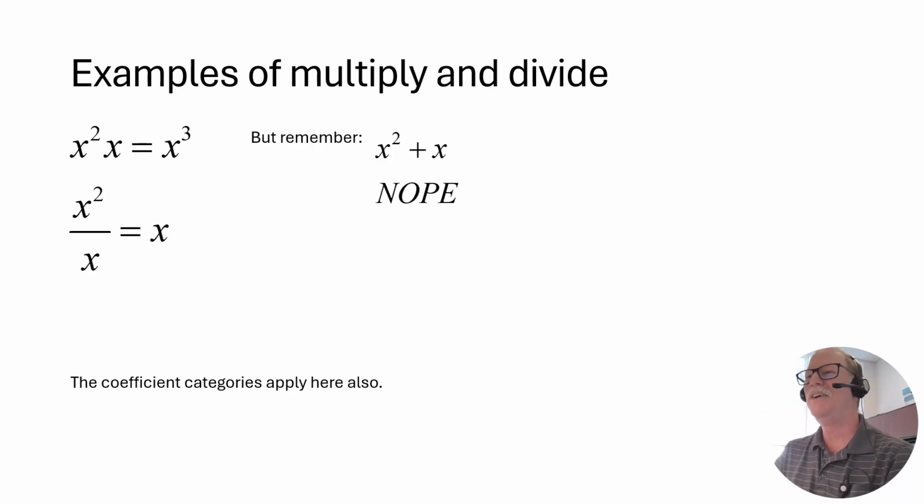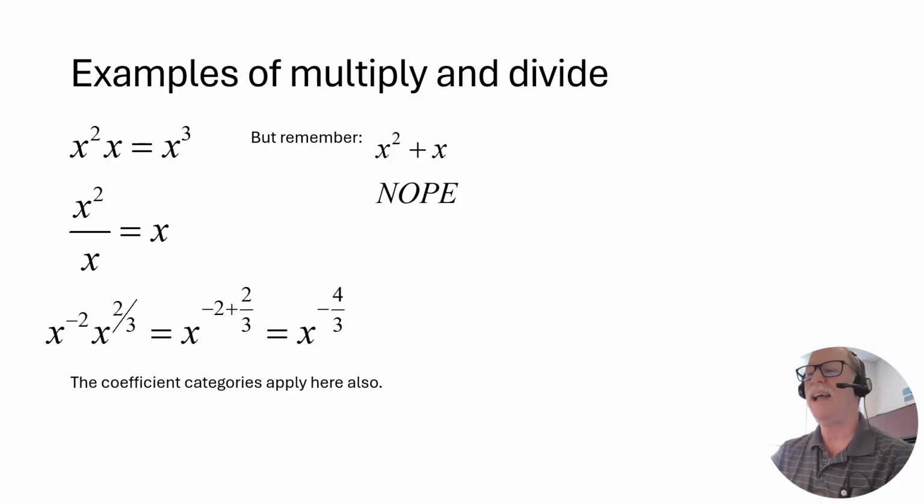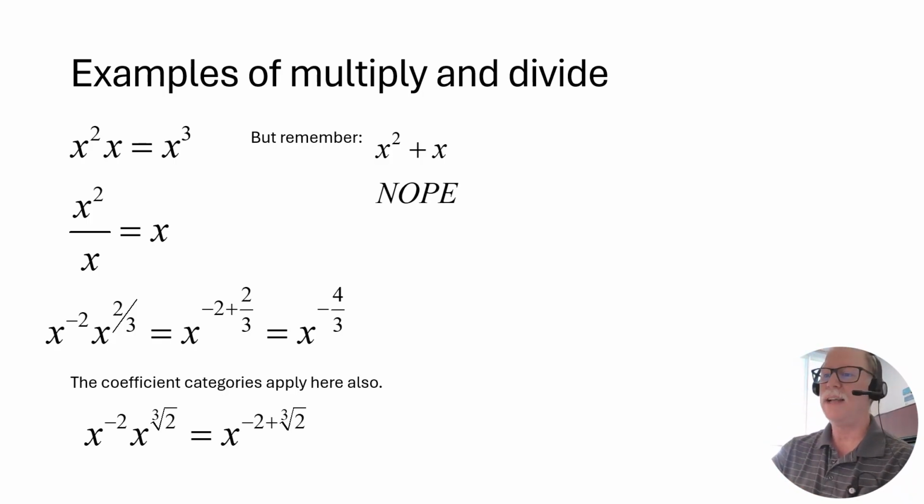So when you multiply and divide, you can combine using those exponent rules, but you can't add or subtract like that. We've got negatives, we've got fractions, they can all go together, but remember those coefficients, they apply to the exponents.